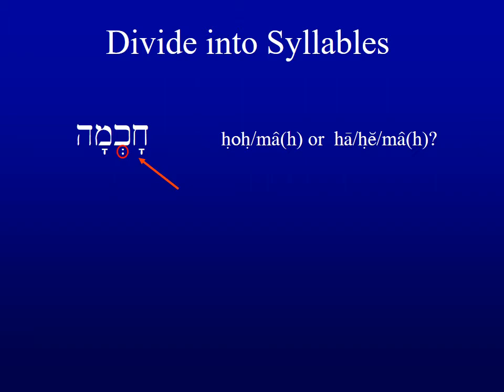So this is chochma. This also, if you think about it, if it were chachma, the second syllable would be an unstressed consonant followed by a short vowel, and that is not tolerable for Hebrew. So, chochma.